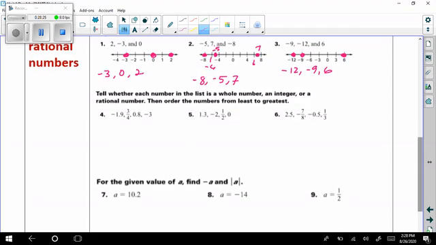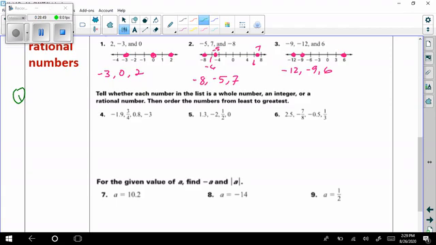The next part is tell whether the number in the list is a whole number, an integer, or a rational number. Then order the numbers from least to greatest. Okay, so each number in the list. Well, let's try it like this. I'm going to say negative 1.9, and that is rational. So I'm just going to put the letters.